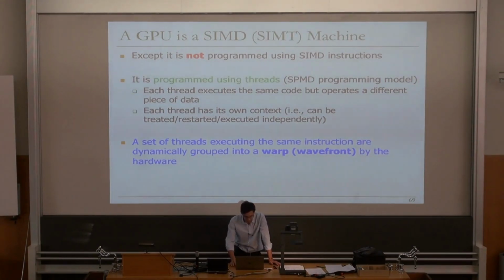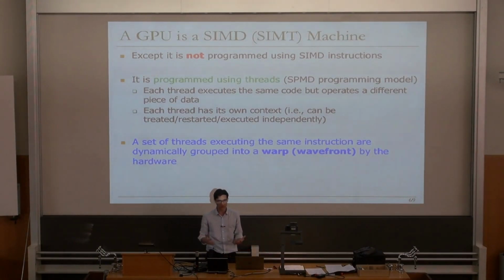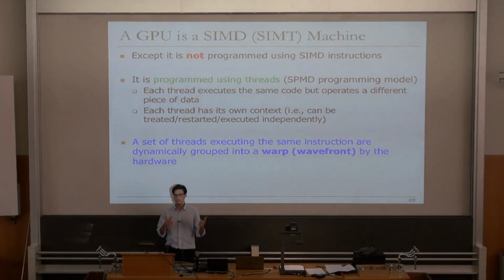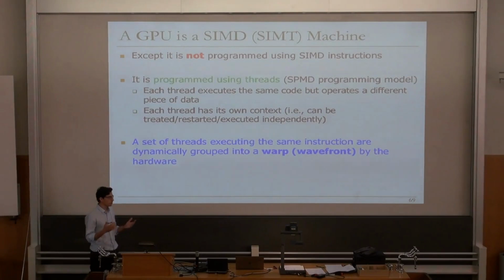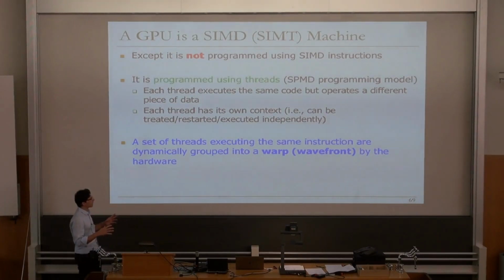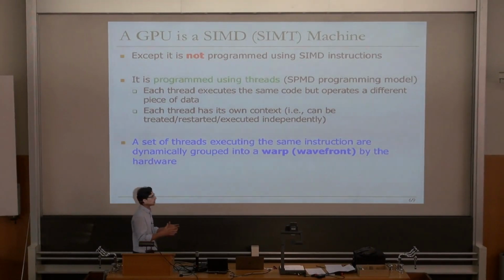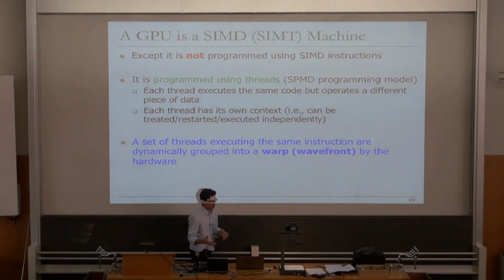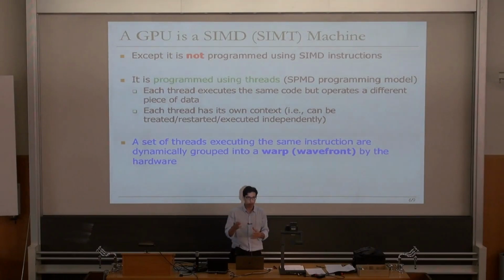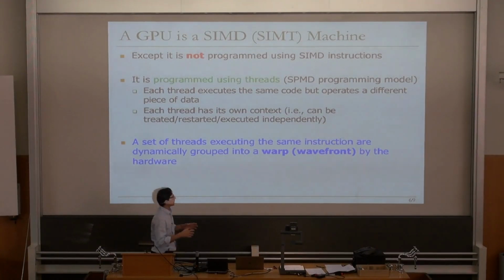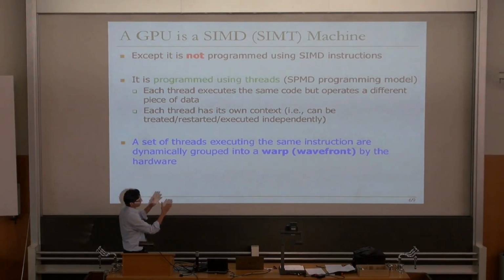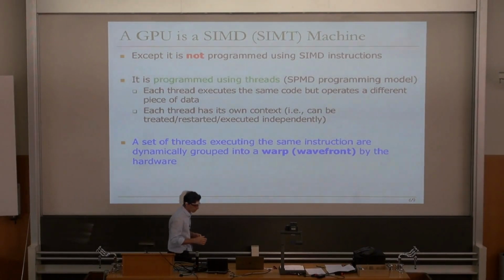And the way that these threads that the programmer defines using this SPMD programming model are going to be executed is by being grouped into something that is called a warp or a wavefront. The terminology depends on what GPU vendor you go with. We will call them warps in the rest of the lecture.